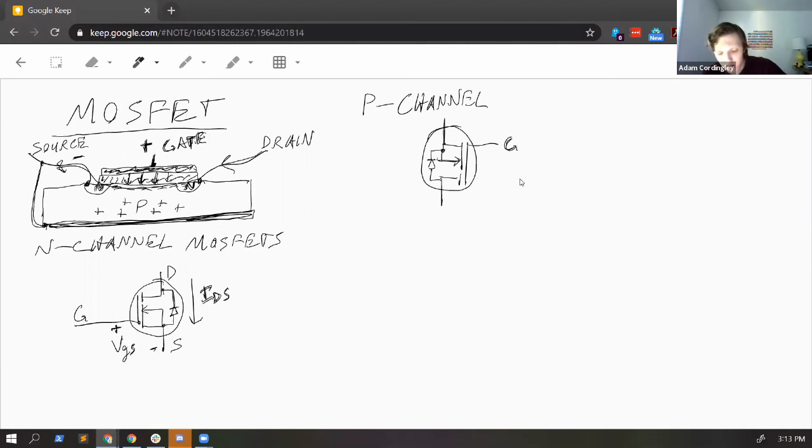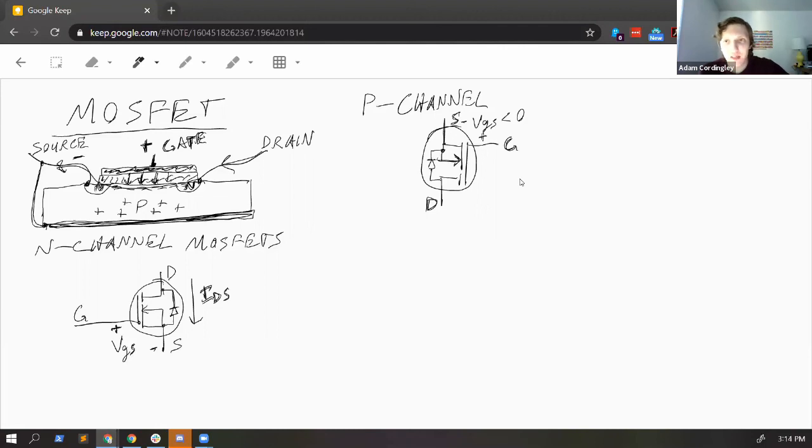This time, this is our gate, this is our source, and this is our drain. What needs to happen now is I have to apply a negative gate source voltage. If this is positive and this is negative, VGS has to be less than 0 in order to turn it on. I have to drop gate below source.